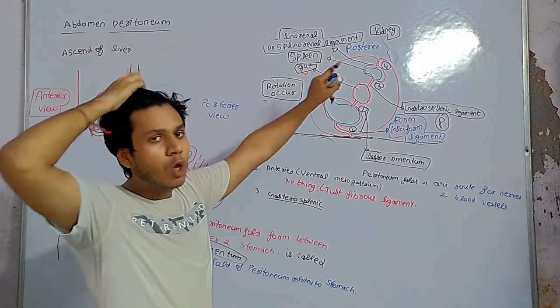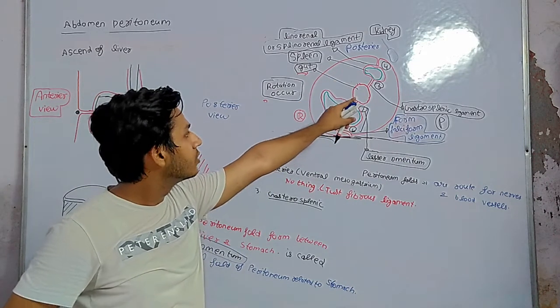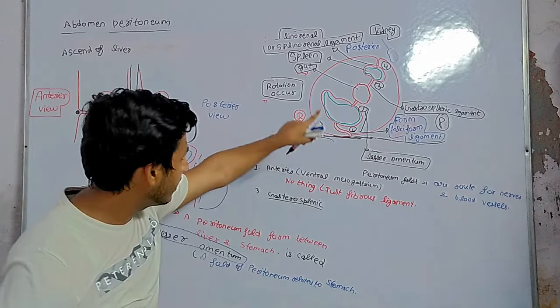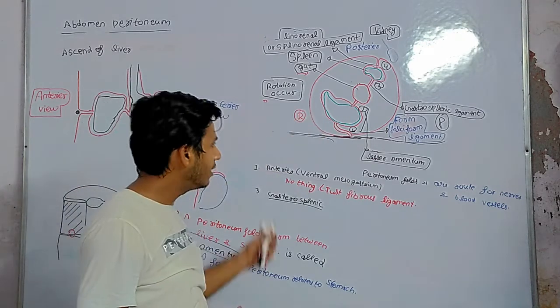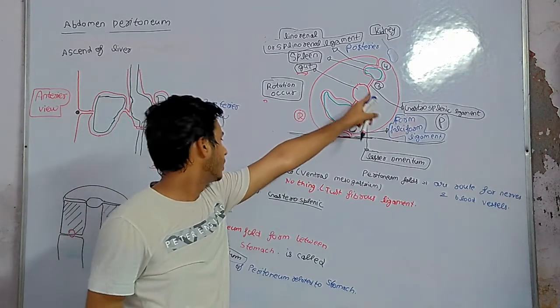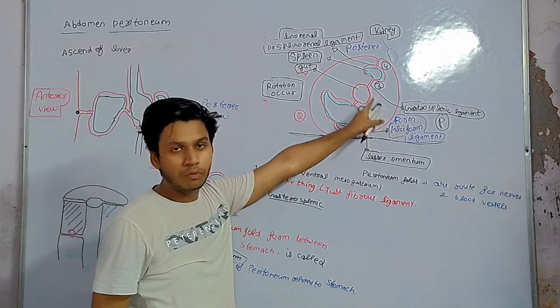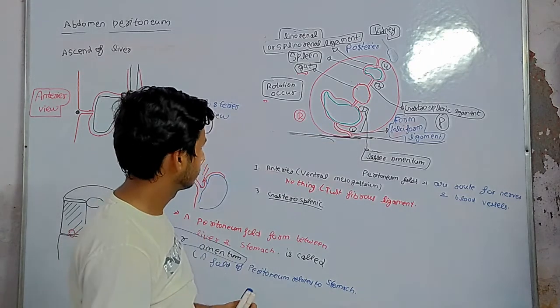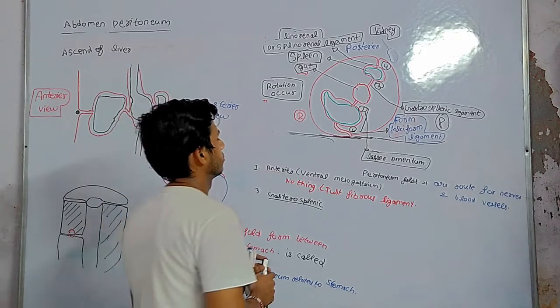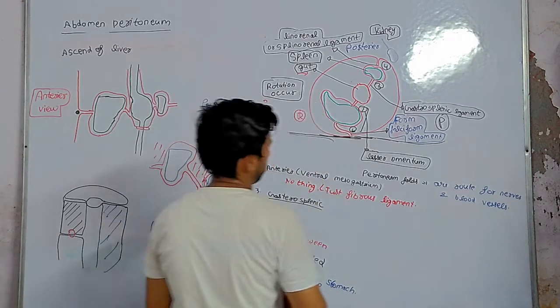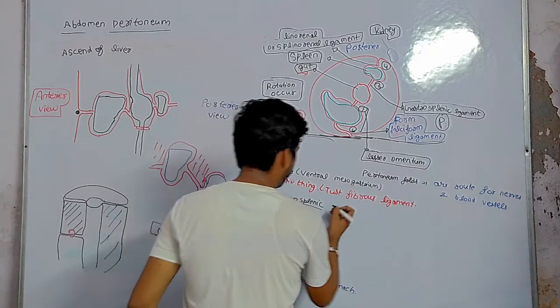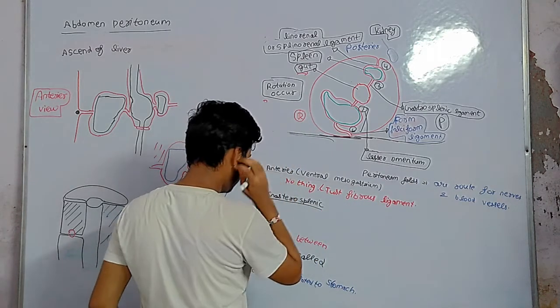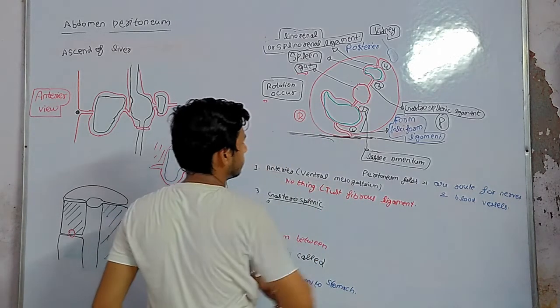Remember one important thing: the abdominal aorta is present posteriorly. Done. So anteriorly in this gastrosplenic ligament, we have arteries and nerves. Done.